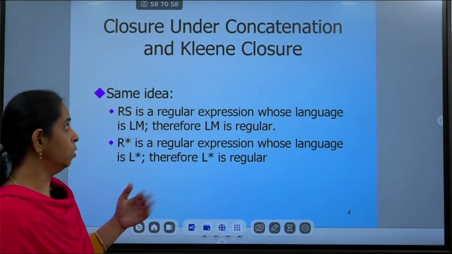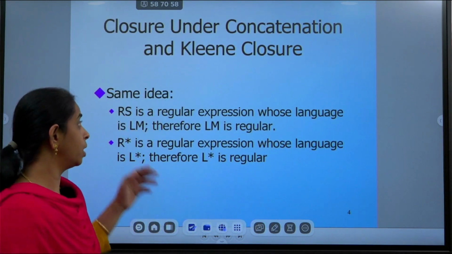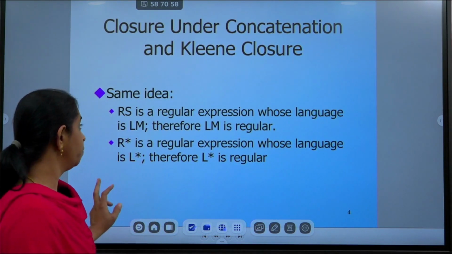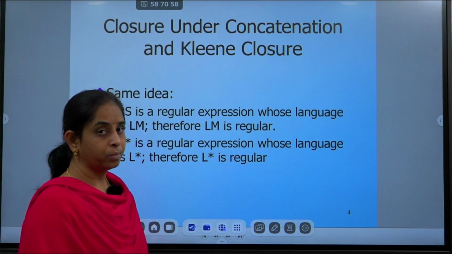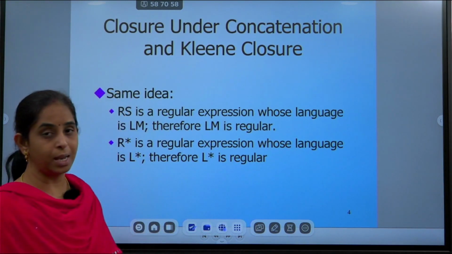They are also closed under concatenation and Kleene closure. If RS is a regular expression, the language is LM.